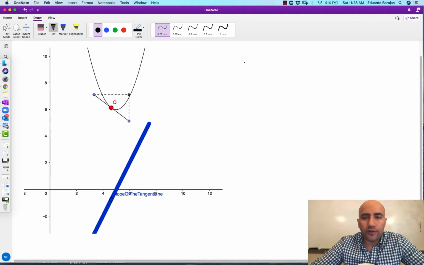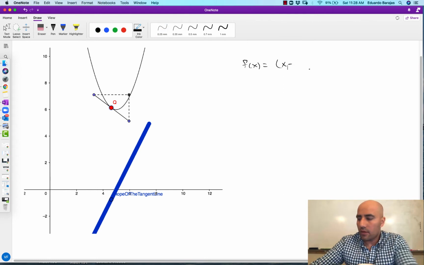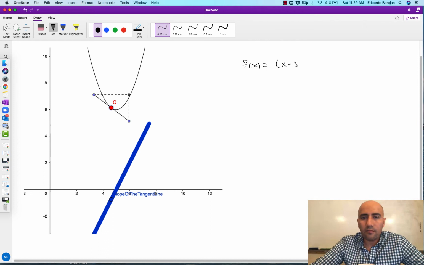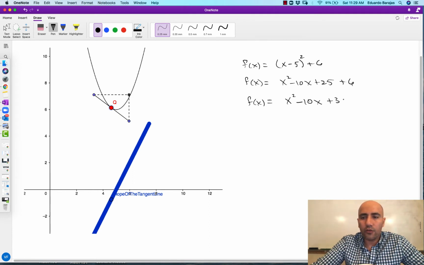Okay, so the original function, f of x, was equal to x minus 5 squared plus 6. So if we expand that, we'll get f of x is equal to x squared minus 10x plus 25 plus 6, which means that f of x was equal to x squared minus 10x plus 31.